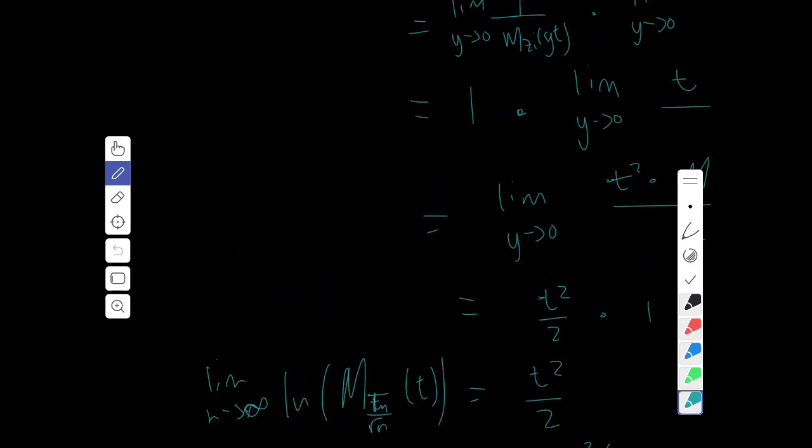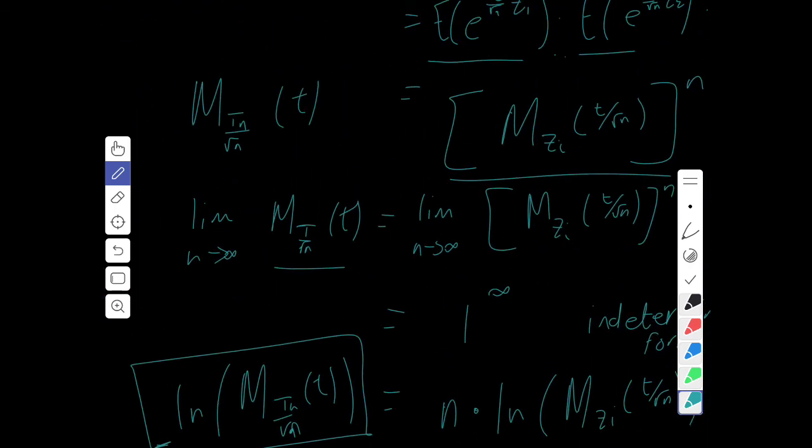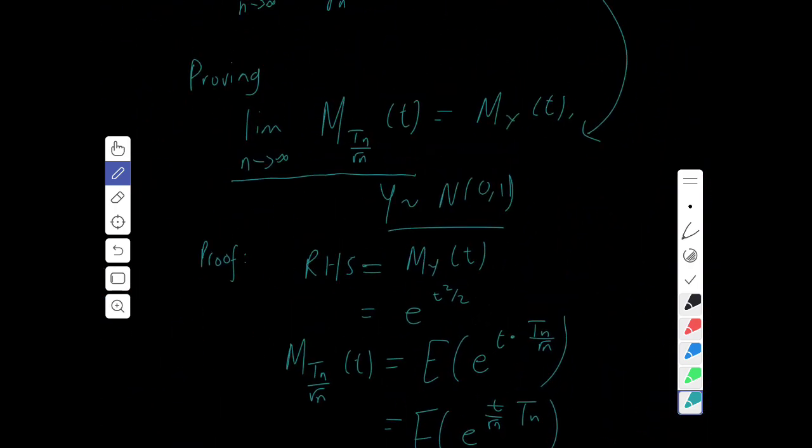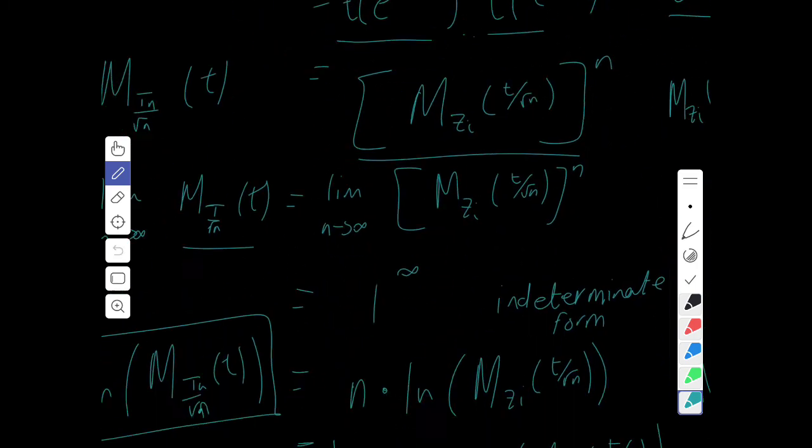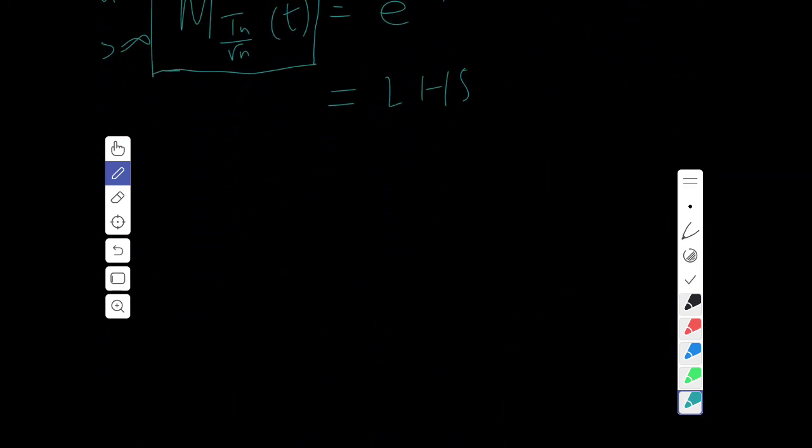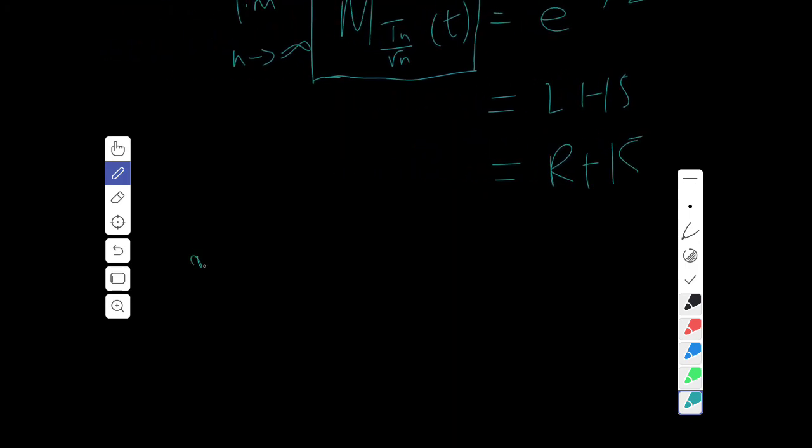That is what we were trying to prove, and it's equal to our right-hand side. So we have shown that the left-hand side is equal to the right-hand side, and therefore we've shown that the CLT is true.